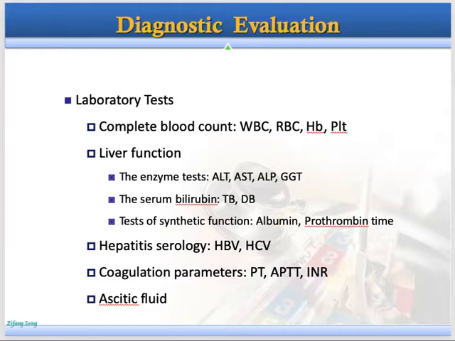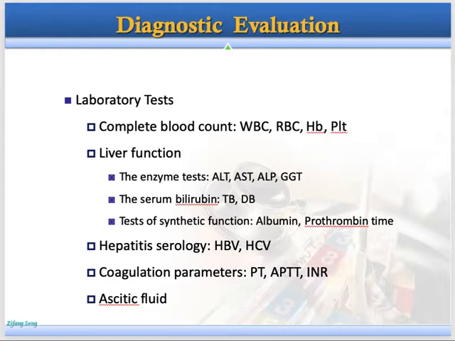And then of course we will go for the other investigations which can cause cirrhosis, like hepatitis B or C serologies, and if there is ascitic fluid, you can take that. You can see if there is any infection, because ascites can be due to tuberculosis even.